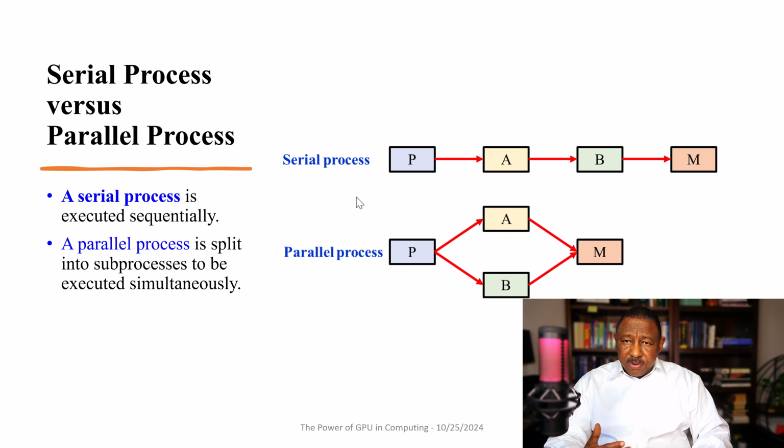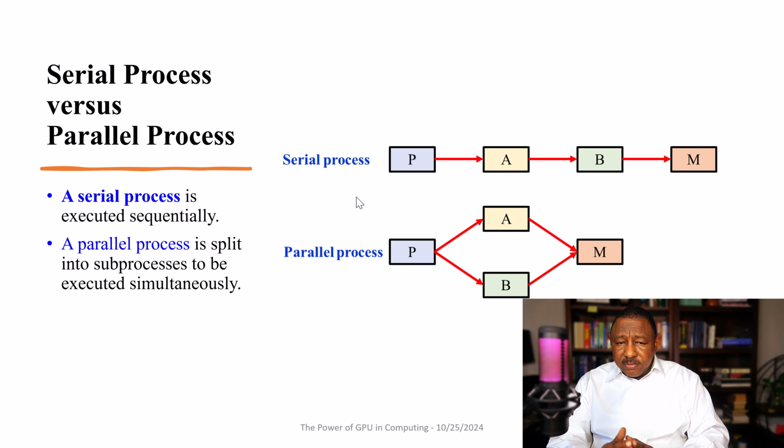But if it is possible to divide the program into tasks instead of being sequential, and do these tasks simultaneously, it will cut the execution time. So this is the difference. Sequential means that the program will be executed step by step. When the first step ends, the second step will begin. They cannot be executed simultaneously.